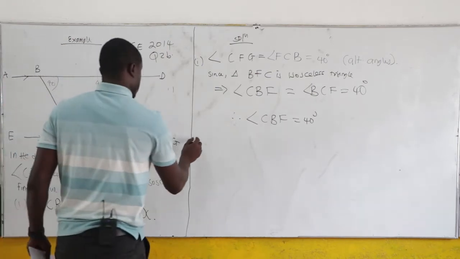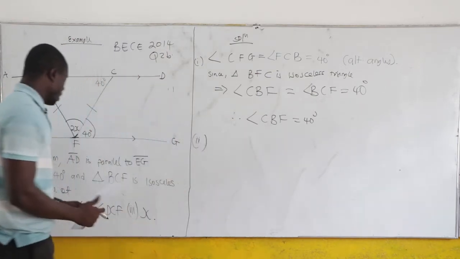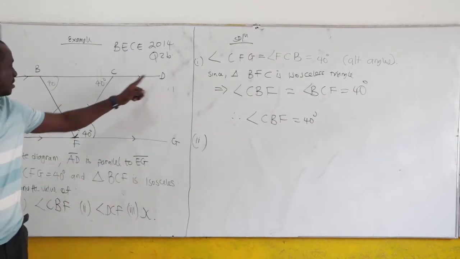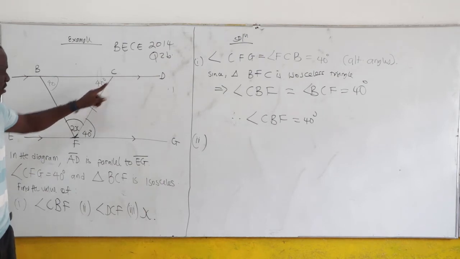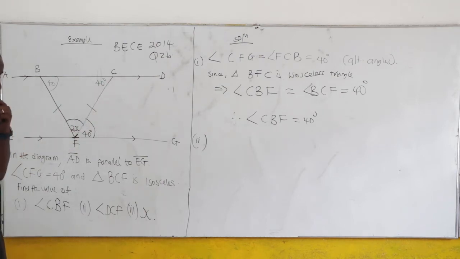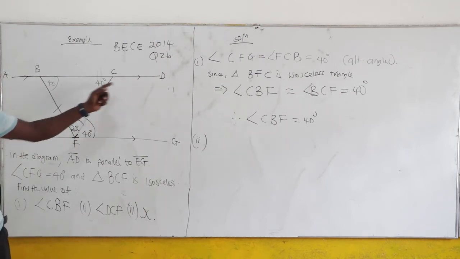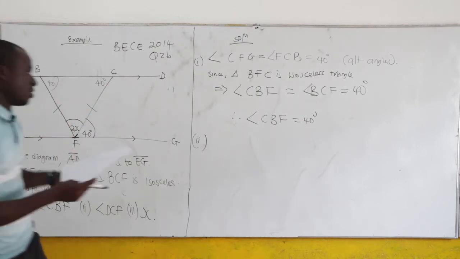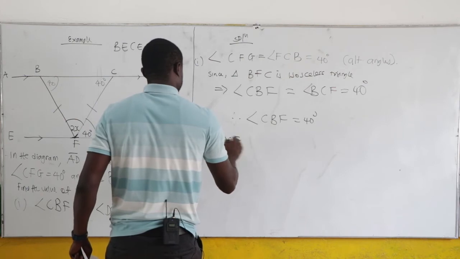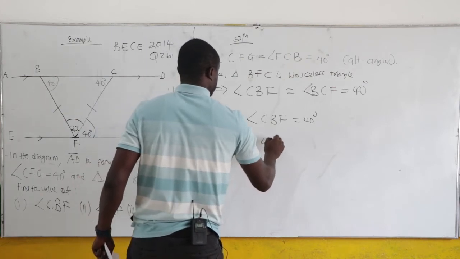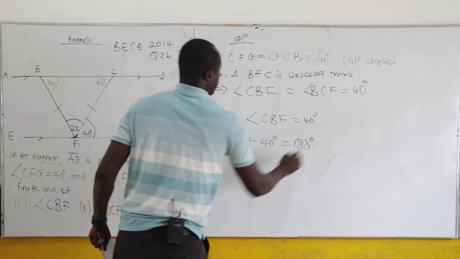Now let's see the second one. The second one is to find DCF. Now, this angle plus the angle here equal to 180, or sum of angles on a straight line equal to 180. So we have DCF plus 40 degrees equal to 180 degrees.